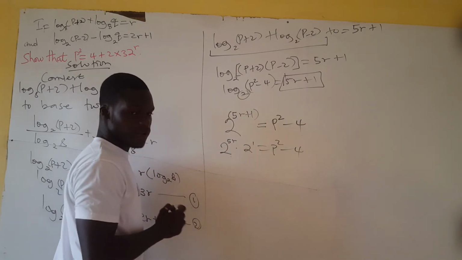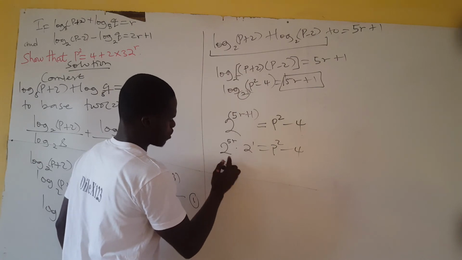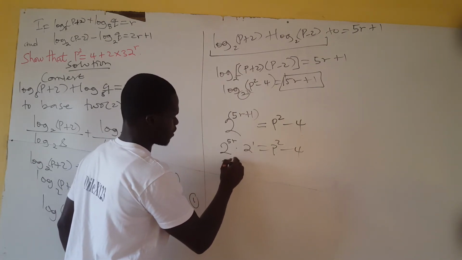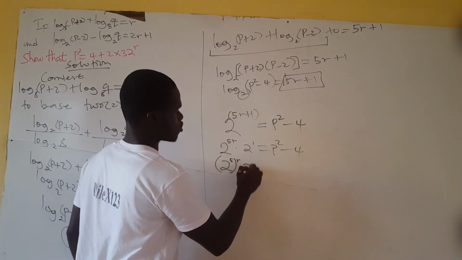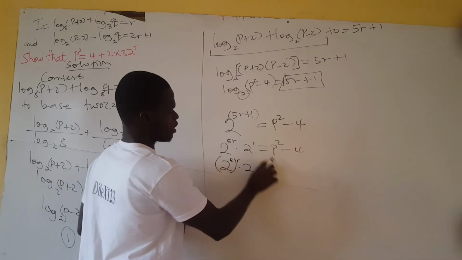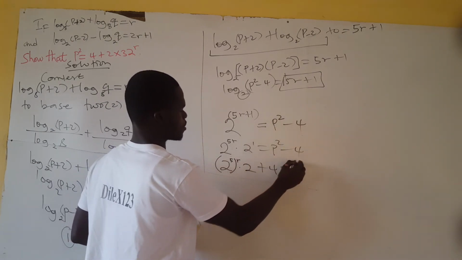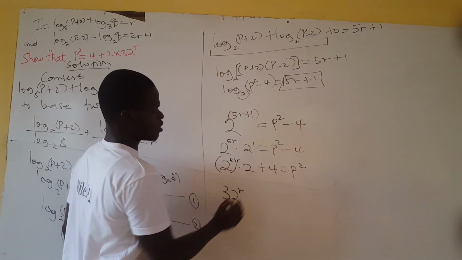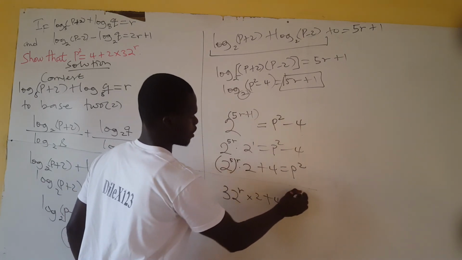This 2 exponent 5r can be written as 2 exponent 5 with an exponent of r, times 2. So let the 4 cross to this side, plus 4 equals p squared. Now 2 exponent 5 is 32, so 32 exponent r times 2 plus 4 equals p squared.